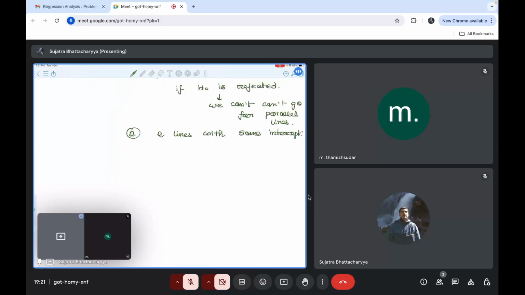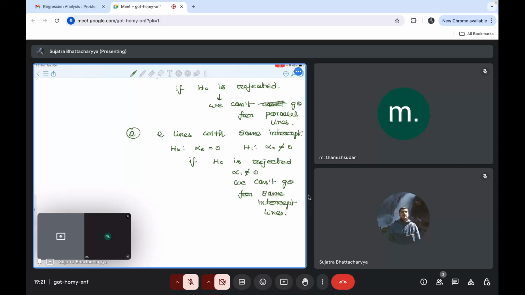So put the null hypothesis as alpha naught equals 0 against the alternative hypothesis, alpha naught not equal to 0. If H naught gets rejected or H1 is accepted, then alpha naught is really not equal to 0, and we can't go for same intercept lines.